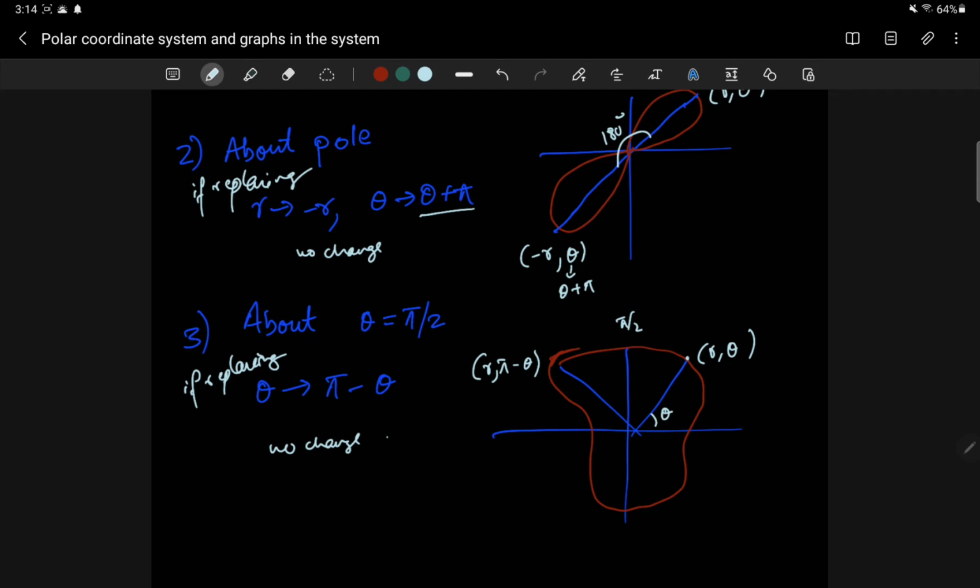So if this is theta, then this angle is pi minus theta. So it's kind of like the symmetry along the y-axis, meaning whatever you see on this half gets reflected on the other half here.